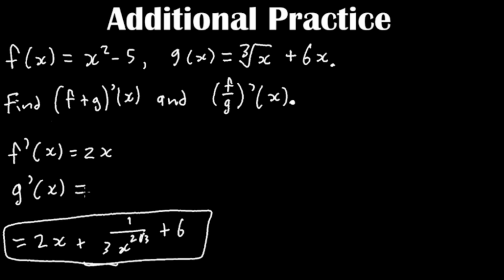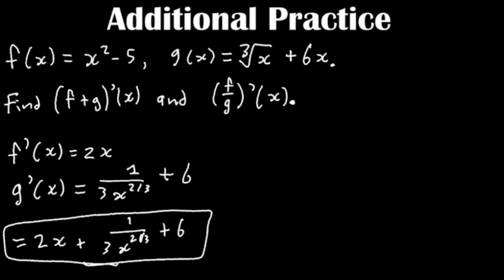Then g prime of x, again, cube root x is going to be 1/3, because we bring down that x to 1/3, times x to the negative 2/3, because we reduce the power by 1. So we already kind of did the work. This is 1 over 3x to the 2/3. And then plus 6, because when we differentiate 6x, it gives us 6. We kind of already found it right there.